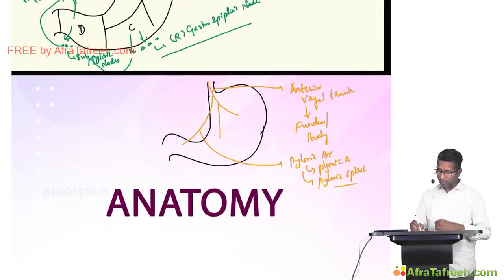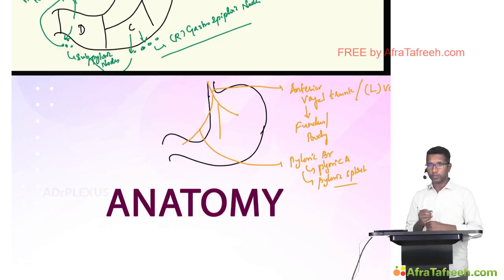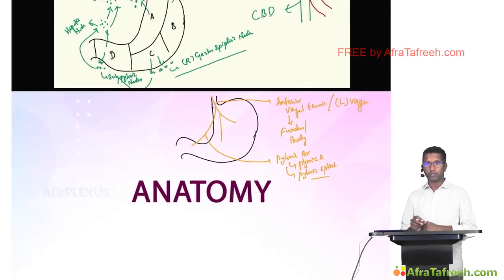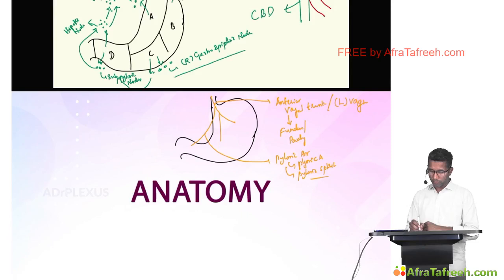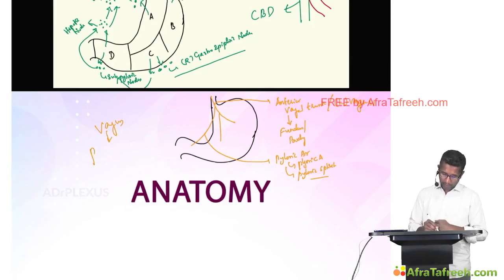This anterior vagal trunk is nothing but the left vagus nerve. It is formed by the left vagus nerve. Please remember, these vagus nerves are parasympathetic nerves.